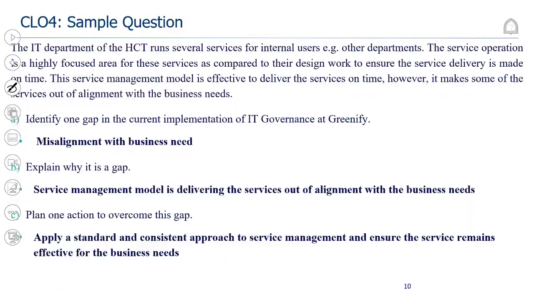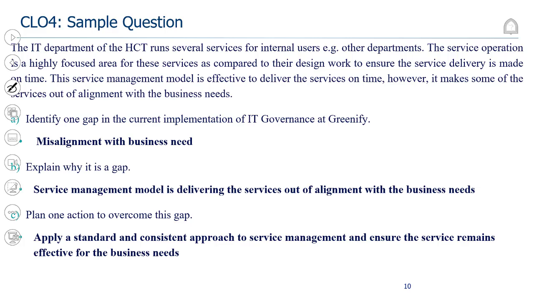So that is it. Let's go for this one here. It's not something that I could actually dwell on, but for CLO4 you will find a text and you'll be asked to identify the gap from the text, explain why it is a gap, and then probably explain an action you can take to overcome it.